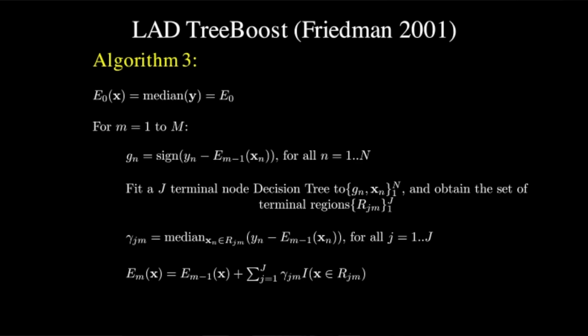So the I here is the indicator function. Basically it's going to be equal to 1 whenever our sample at this particular point is within one of the terminal regions. And then we fetch out the relevant gamma for that terminal region, and we add it accordingly to our ensemble value.